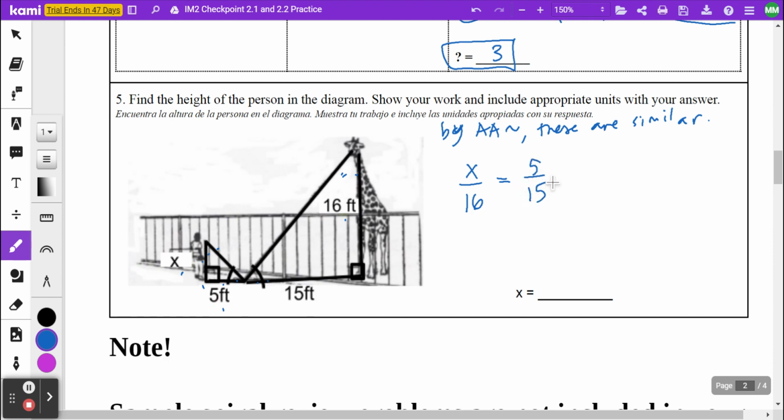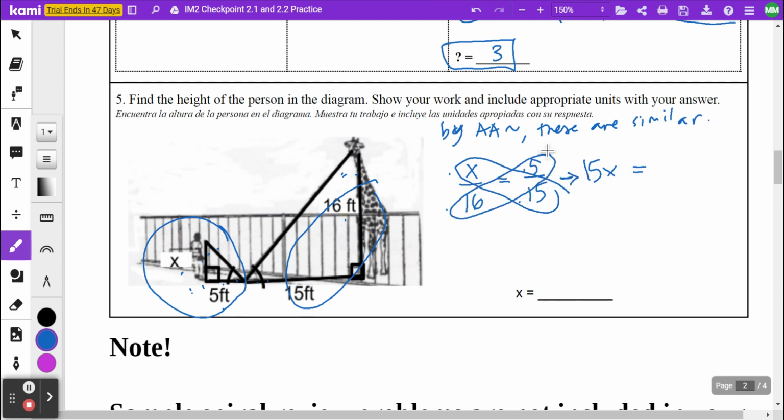Please be careful to make sure that when you're doing your corresponding parts, like in this one, I have the smaller triangle in the numerator at all times and the larger triangle in the denominator. That should match up. I'm going to cross multiply. I have 15x equals 5 times 16, which is 80. I will divide both sides by 15. I'm going to use a calculator.